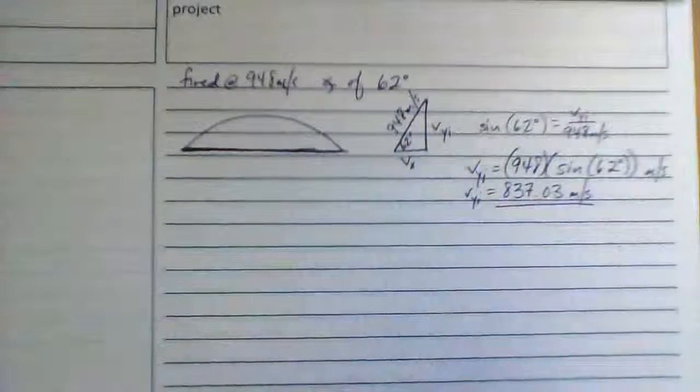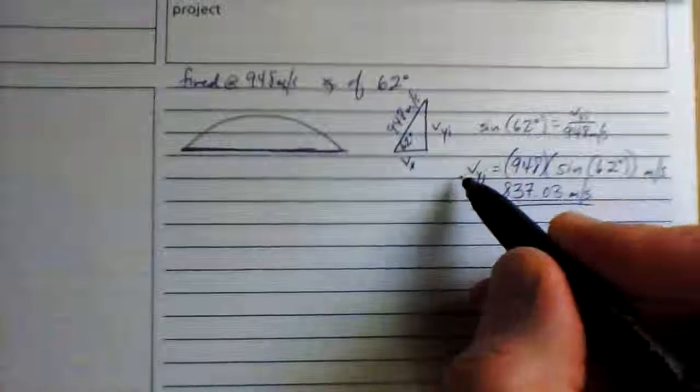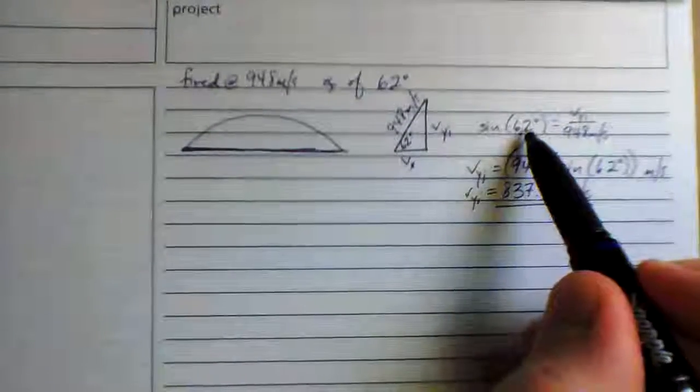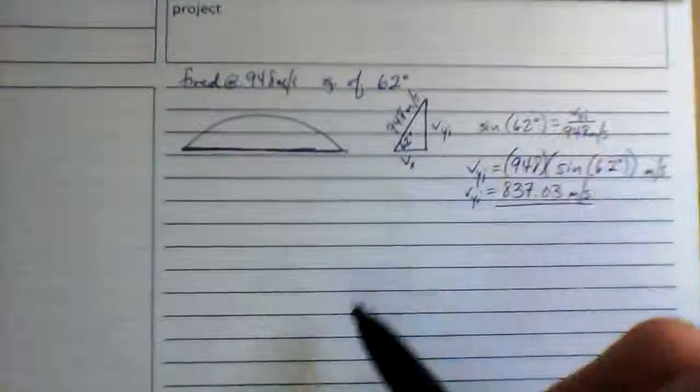So if I want to find the velocity in the x direction, I'm going to use the exact same thing, except instead of saying sine, I'm going to say cosine. Other than that, I know cosine 62 equals Vx over 948.